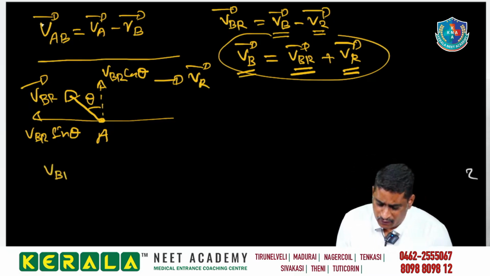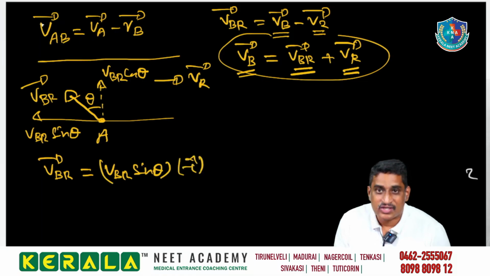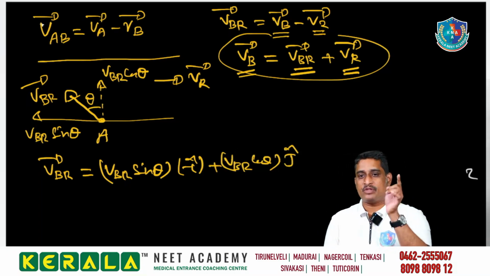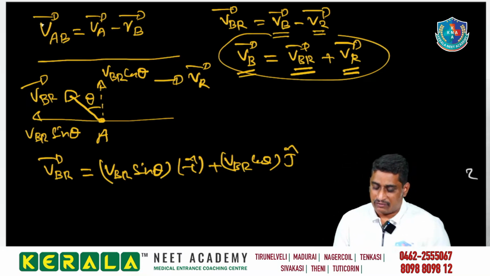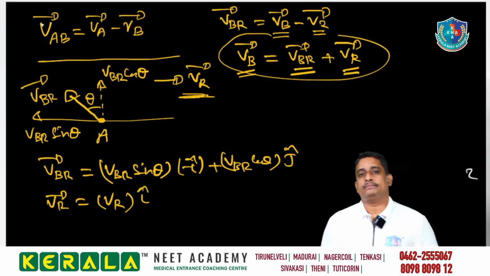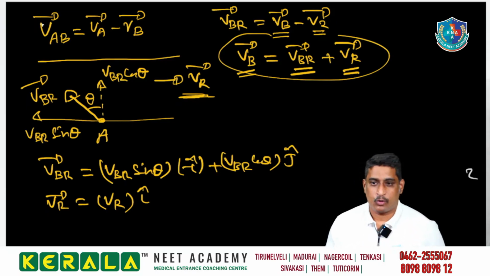Therefore, velocity of the boat with respect to the river will be given by VBR sin theta (minus i cap) plus VBR cos theta j cap. This is the velocity of the boat with respect to the river. Velocity of the river in this example is defined along positive x-axis. Therefore, velocity of the river will be equal to VR i cap. Now let us substitute these two equations in the above equation of velocity of the boat.